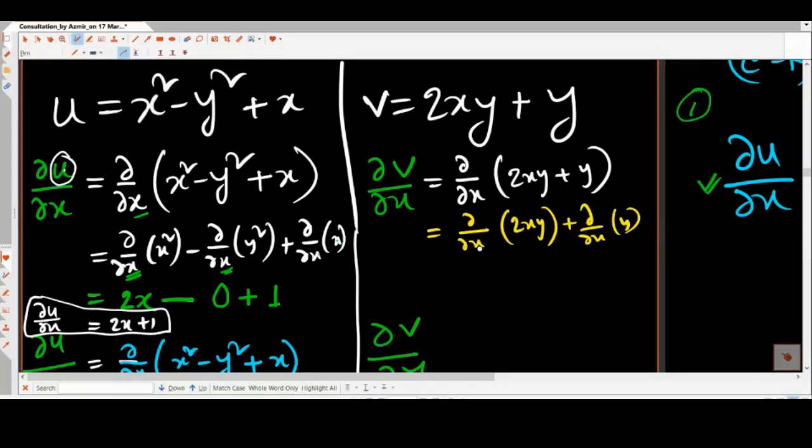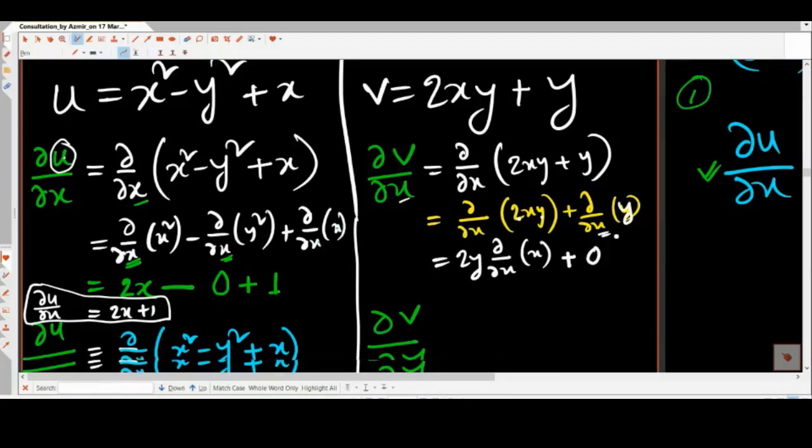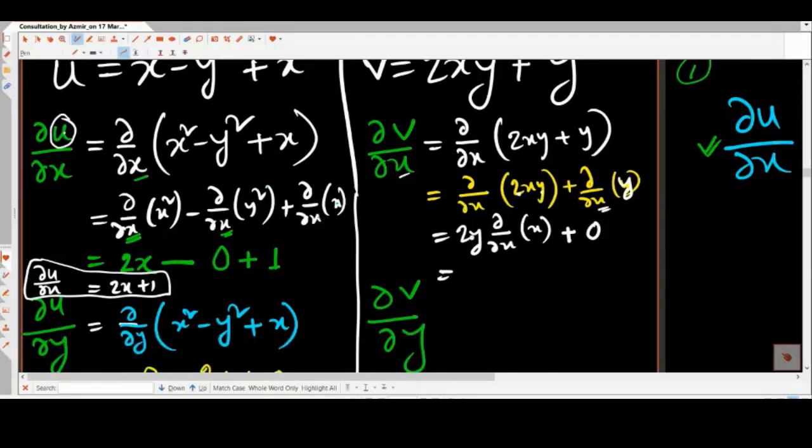We are differentiating in terms of x, that means y is constant this time. So 2 and y will be pulled out. We have d/dx of x only, and the derivative of y in terms of x. Since y is constant, the derivative of a constant will be 0. So finally, we have 2y, d/dx of x is 1, so 1 times 2y is 2y. So we have found dv/dx.